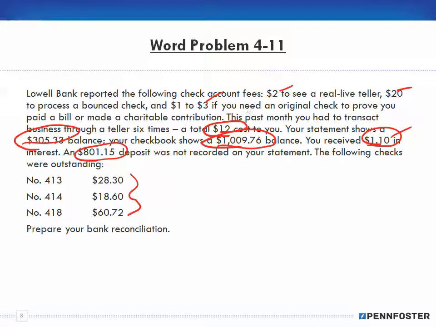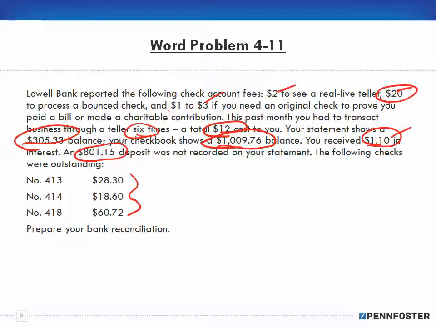Be aware, we're into word problem thinking again. It says there's a $2 fee to see a real life teller. Well, it's telling us that 6 times she saw a teller, so that was a cost of $12. But it's also telling you that there's $20 to process a bounced check. However, no check bounced, so we don't have to take that into consideration.